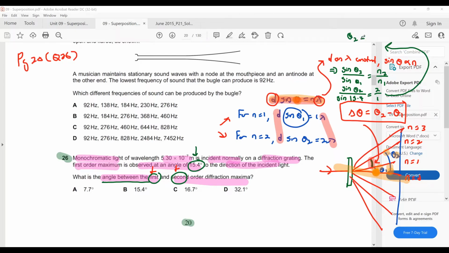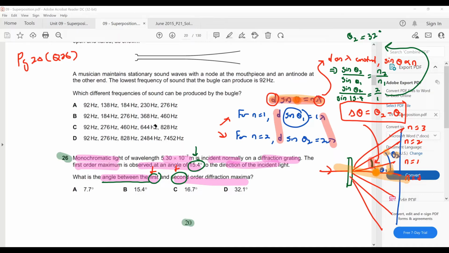So let me just use the calculator. 2 times sine 15.4, then arc sine of the answer. Theta 2, you're going to get 32 degrees.